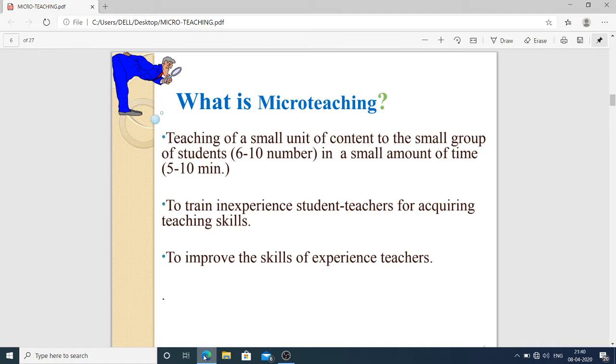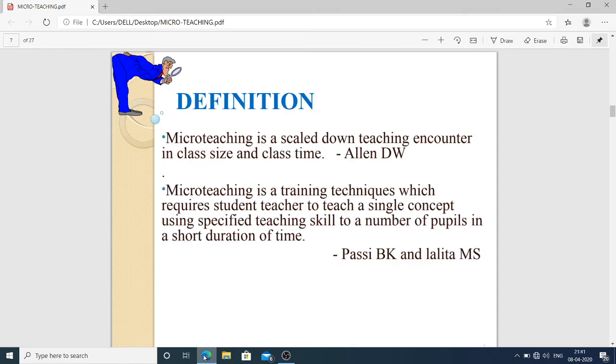The group is between 6 to 10 students, in a small amount of time, between 5 to 10 minutes. It trains inexperienced or new teachers or student teachers in acquiring teaching skills, and it is also helpful for experienced teachers who want to improve their skills. In this, the new teacher always works under the guidance of an experienced teacher.